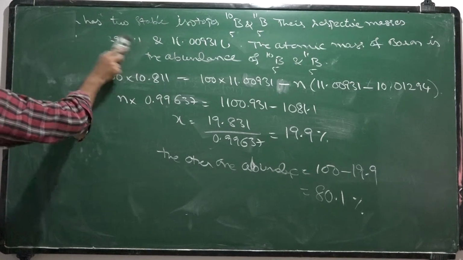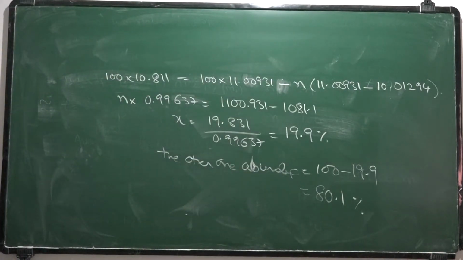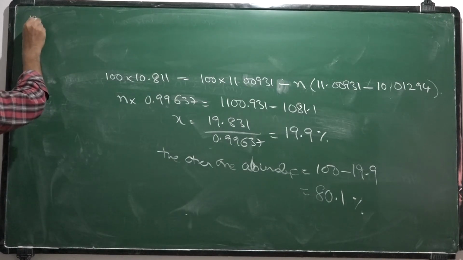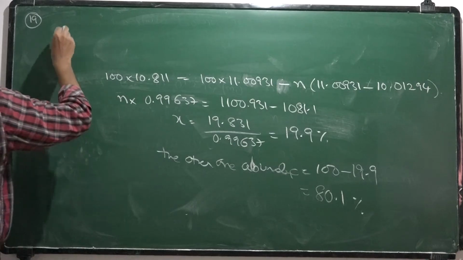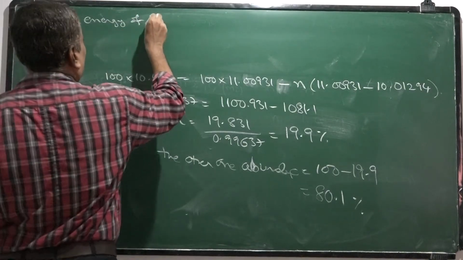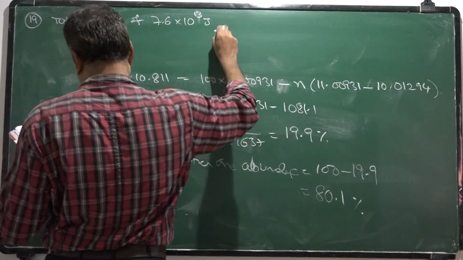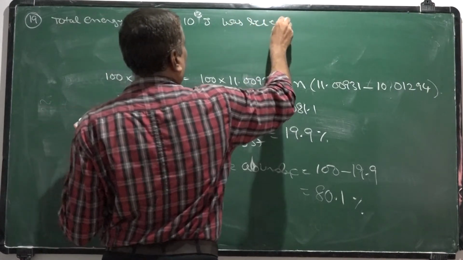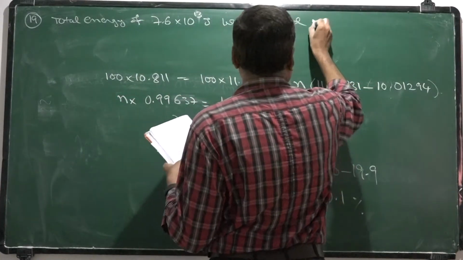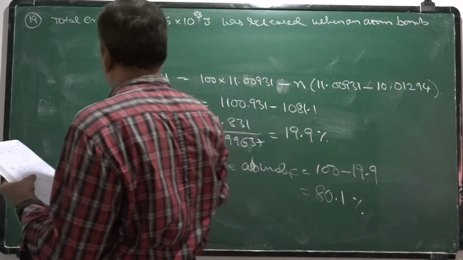Now the 19th one. The 19th one: total energy of 7.6 into 10 to the power 13 joule was released when an atom bomb explodes.